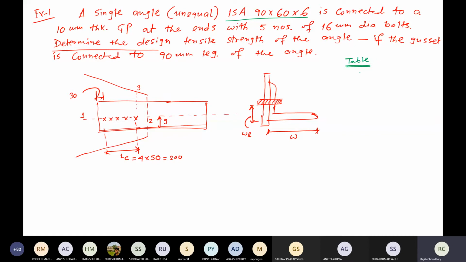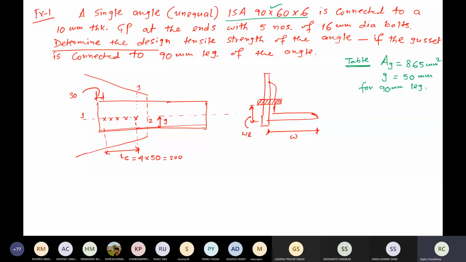So from the table you will get the gross area of the angle, which would be like 865 mm squared. And the gauge depends on the ISA section; it is also specified as 50 mm for the 90 mm leg.